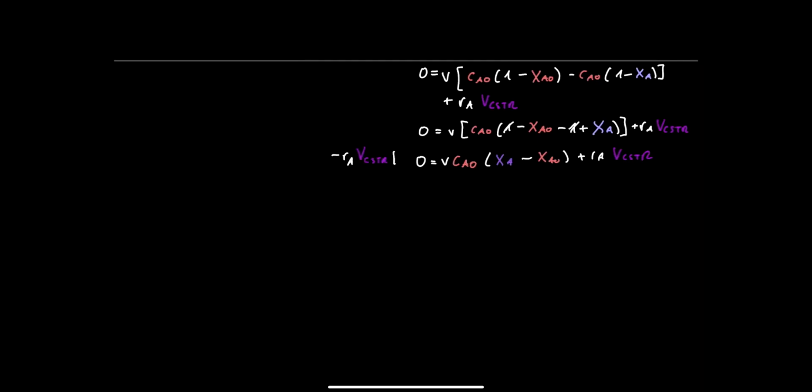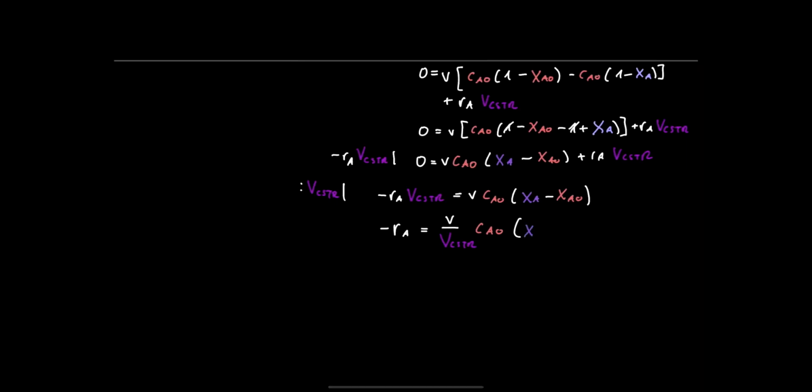This will result in negative RA times VCSTR being equal to the volumetric flow rate times CA0 in parentheses conversion A minus conversion A0, and then we're going to divide by VCSTR, resulting in negative RA being equal to the volumetric flow rate divided by the volume of the CSTR times CA0 times in parentheses conversion of the species A minus conversion A0.